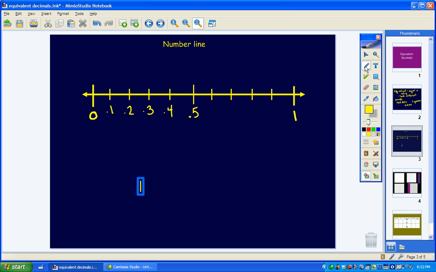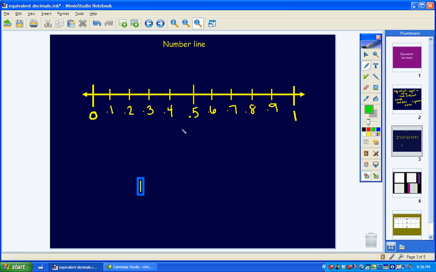Okay, and like I said, best as I can do it right now, just free drawing it. We could measure it, but so if that was 5/10, that was 5 pieces. 1 piece, 2 piece, 3 piece, 4 piece, 5 pieces. Now we have 6 pieces, which is 6/10, and 7 pieces, 8 pieces, 9 pieces, until we're into 1 whole piece. And the reason these were tenths is because I broke it into 10 pieces.